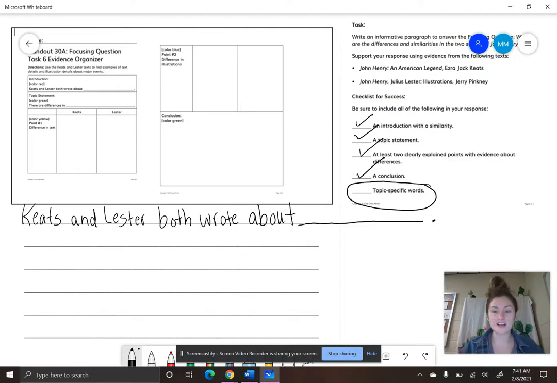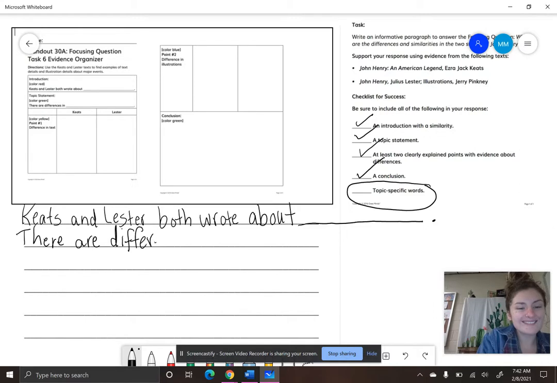So there's our introduction. Now our topic statement. So we talked about the similarities. Now we're going to talk about the differences. There are differences in blank.